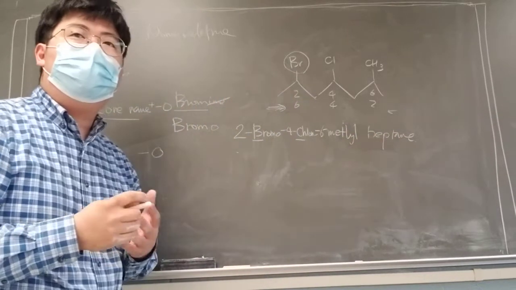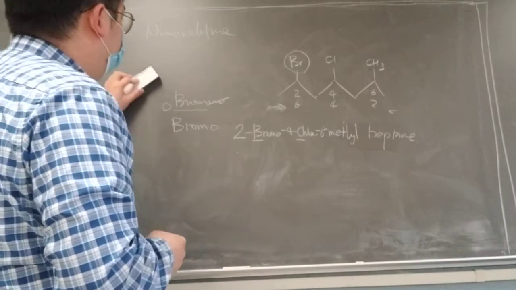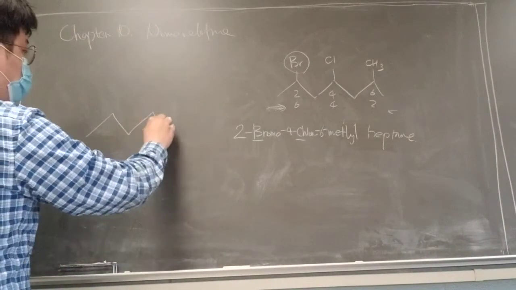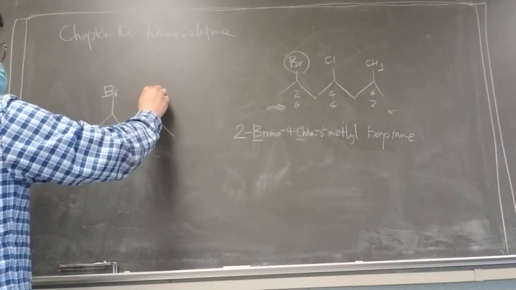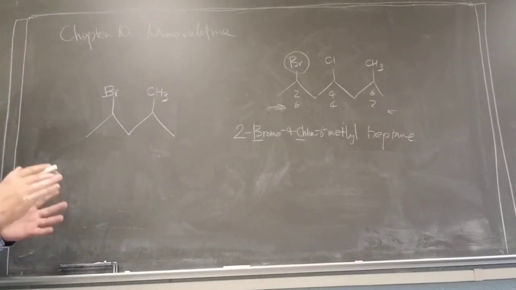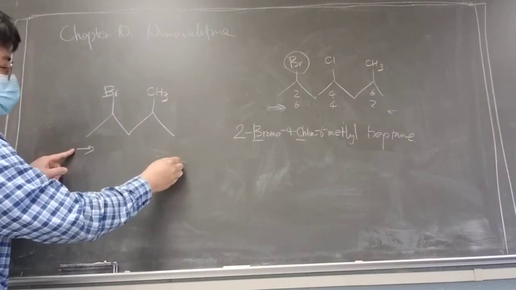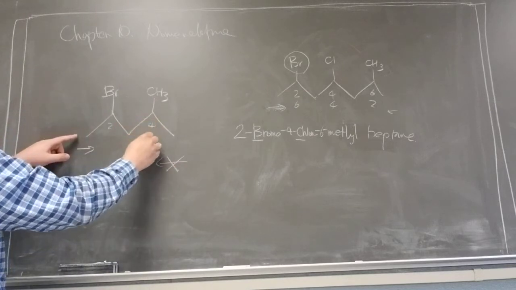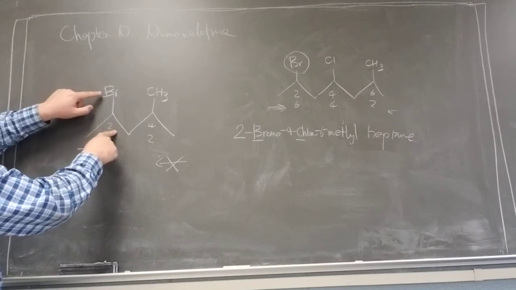This is one more thing I want you to remember. Whenever you have this type of situation, in this case you're going to count the carbon from here, not here, to give a lower number to the alphabetically prior group, which is B, the bromo.